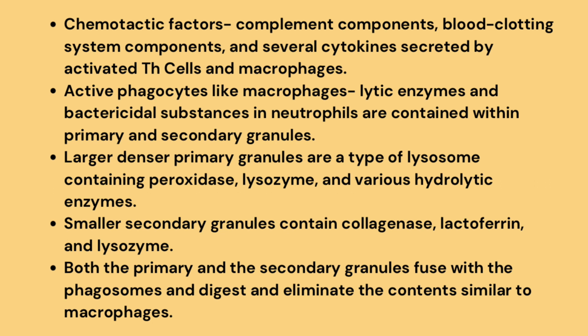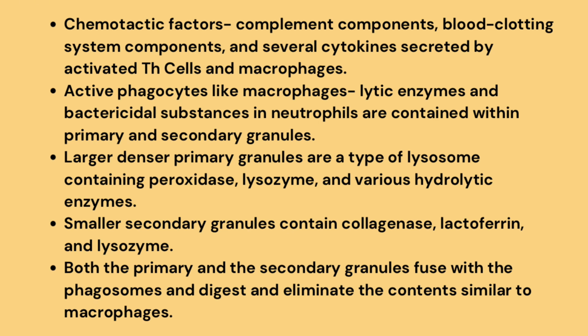Neutrophils are active phagocytes like macrophages. Primary and secondary granules are present in neutrophils, and in these granules, lytic enzymes and bactericidal substances are present. Larger, denser primary granules are a type of lysosome containing peroxidase, lysozyme and various hydrolytic enzymes.